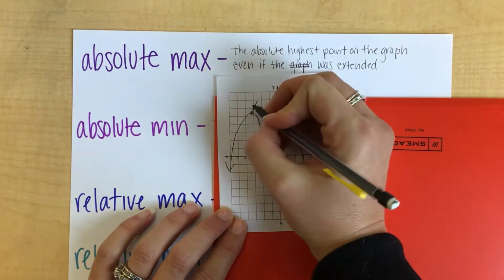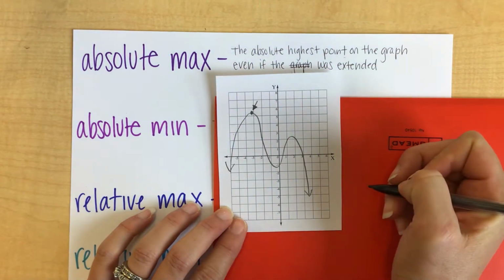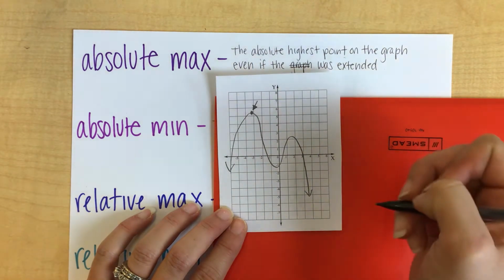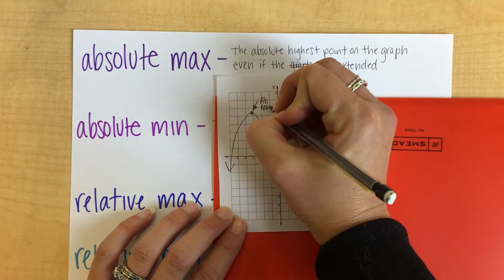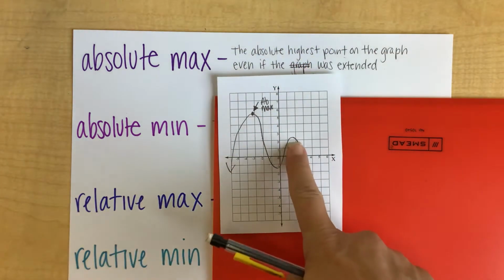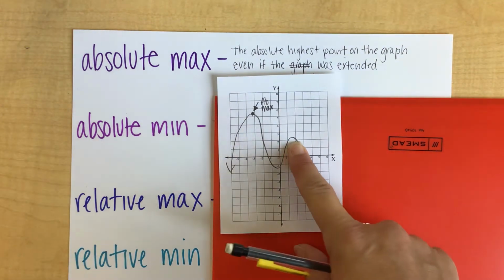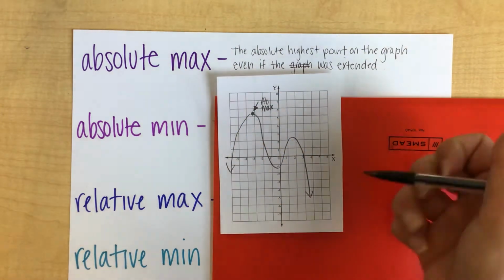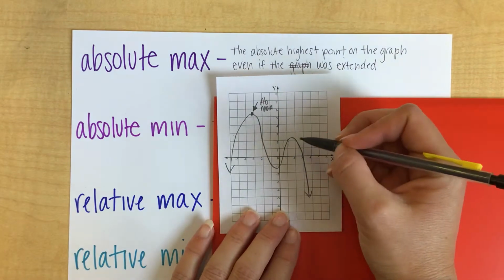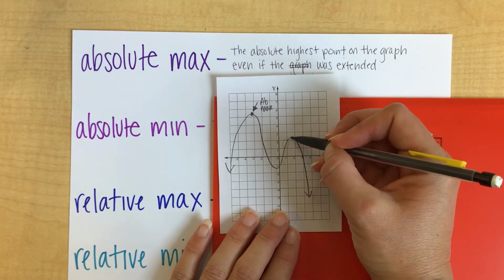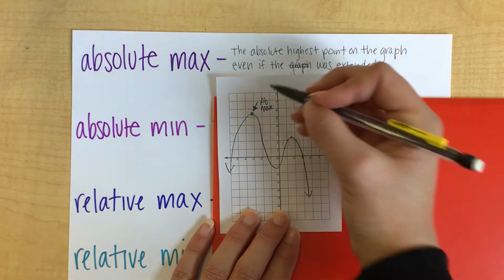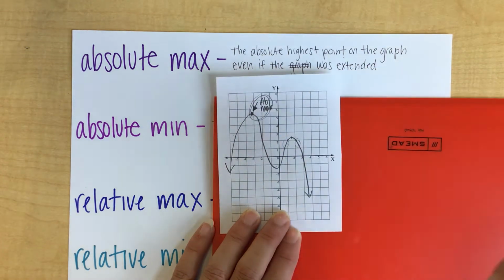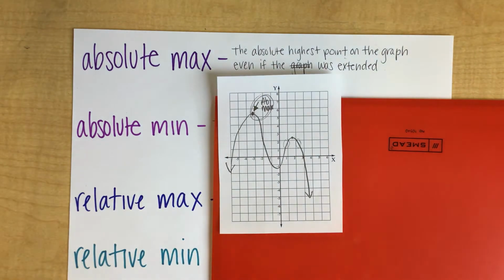This is the absolute highest point, so we call this the absolute max. This is called a relative max because compared to the points around it, compared to over here and over here, this point is higher, but this is not the highest point on the graph. Absolute max is the highest point on the graph, okay?